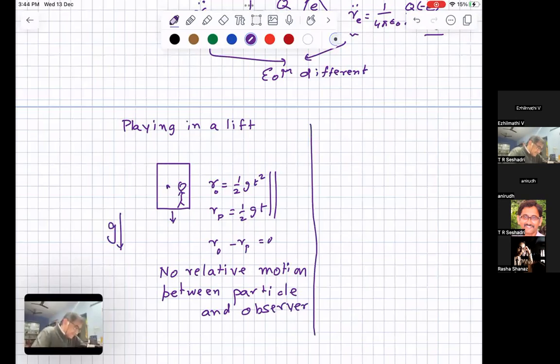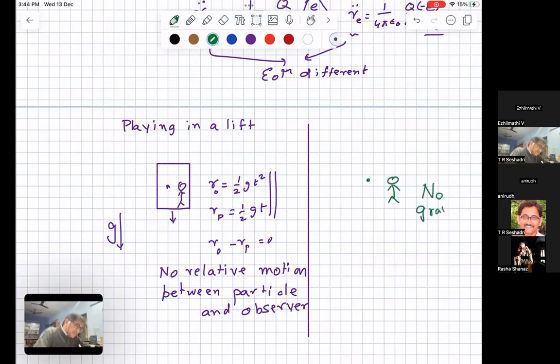I have another experiment in which there is a particle, there is an observer, and no gravity. Once again, R observer minus R particle is 0. No relative motion between the two.